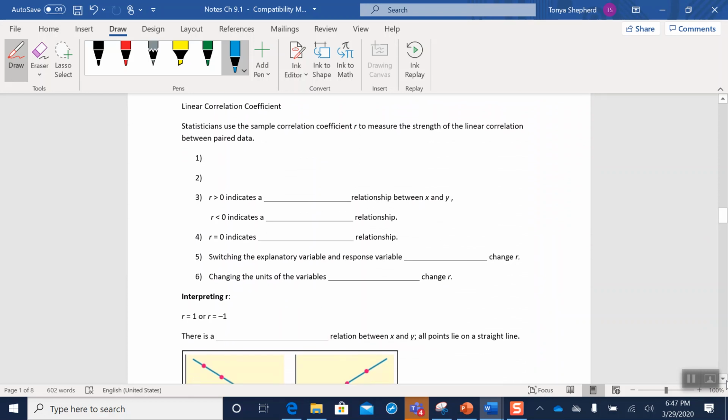So in order to more precisely define how much of a correlation there is between the x and y variables, how related they are in a linear fashion, in statistics we use something called a linear correlation coefficient. The first thing you have to know about the linear correlation coefficient is that it's called R, and R has no units.